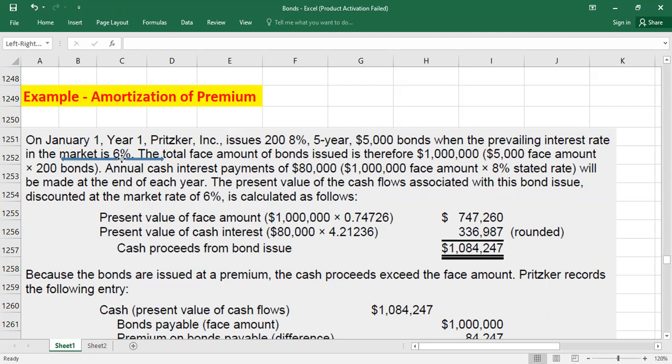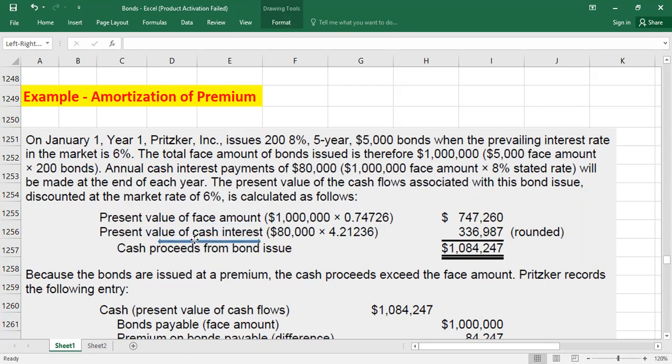Whenever our stated rate is greater than the market rate, bonds will be issued at a premium. You can check it here: our stated rate is 8% and market rate is 6%, so the bonds will be issued at a premium. If you want to calculate the amount of premium or discount, we always calculate the present value of face amount and the present value of interest.